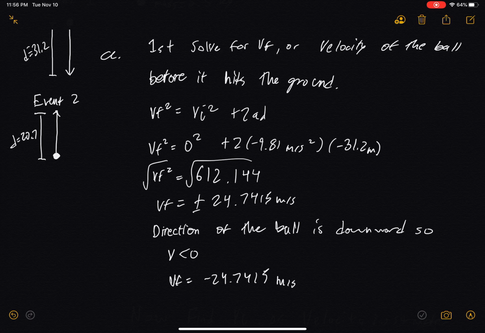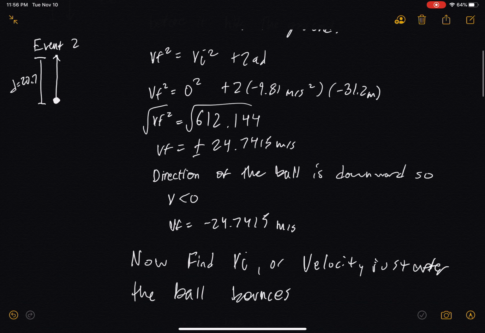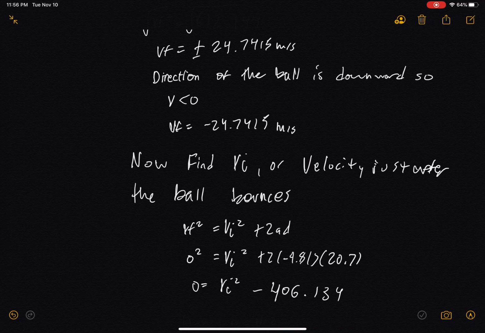You take the square root of both sides and get VF equals plus or minus 24.7415 meters per second. The direction of the ball is downward, so V must be negative. So we choose negative 24.7415 meters per second as our final velocity, the velocity of the ball just before it hits the ground.